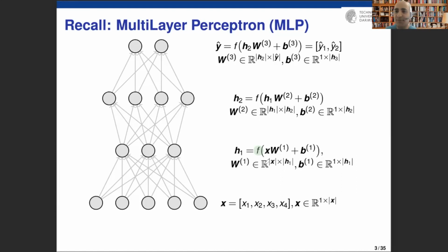This activation function can be tangent hyperbolic, sigmoid function, or rectified linear unit. In the previous lecture, we discussed different types of activation functions and their advantages and disadvantages. But to keep it quite general, we use the notation F to refer to the activation function.